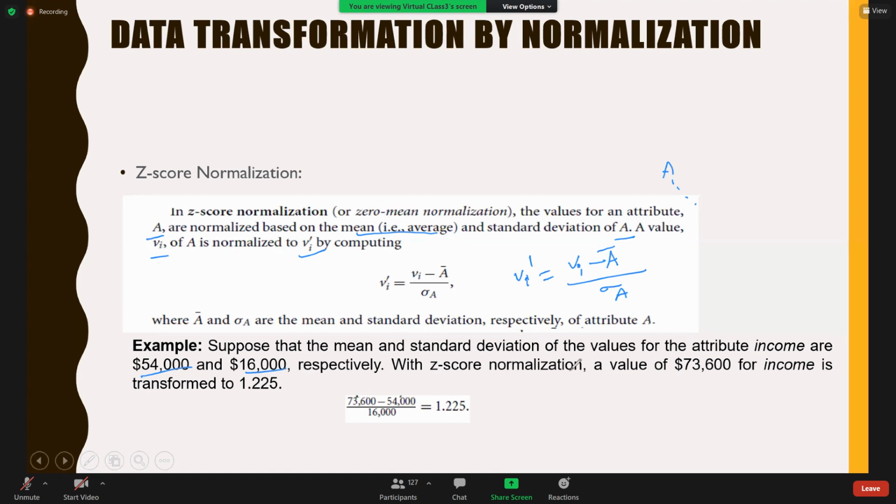Using Z-score normalization, the value 73,600 is converted to 1.225. So it is transformed to a smaller value. In min-max normalization, we needed to find the minimum, maximum, and also the new minimum and new maximum. But here, new minimum and new maximum are not required. We just find the mean and the standard deviation.